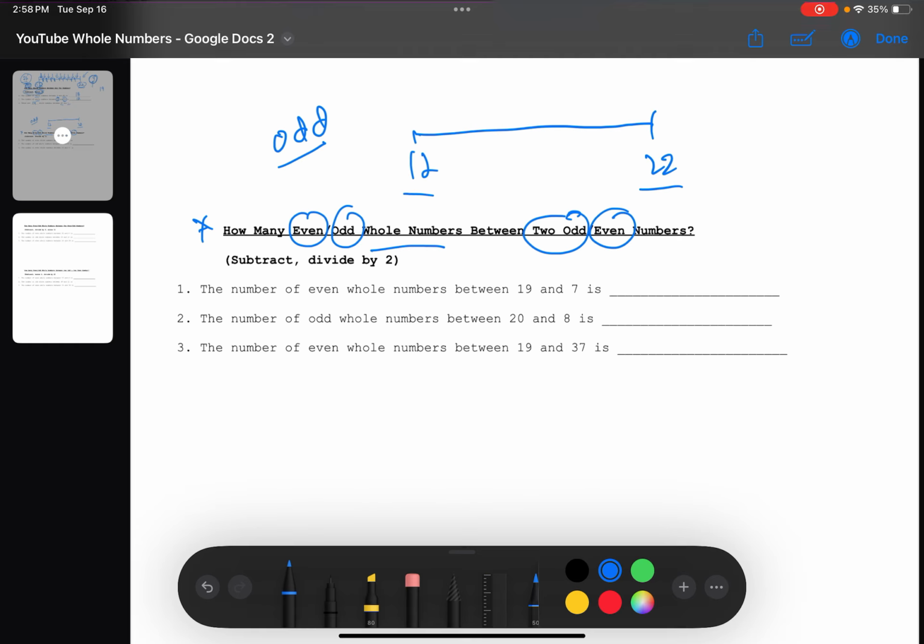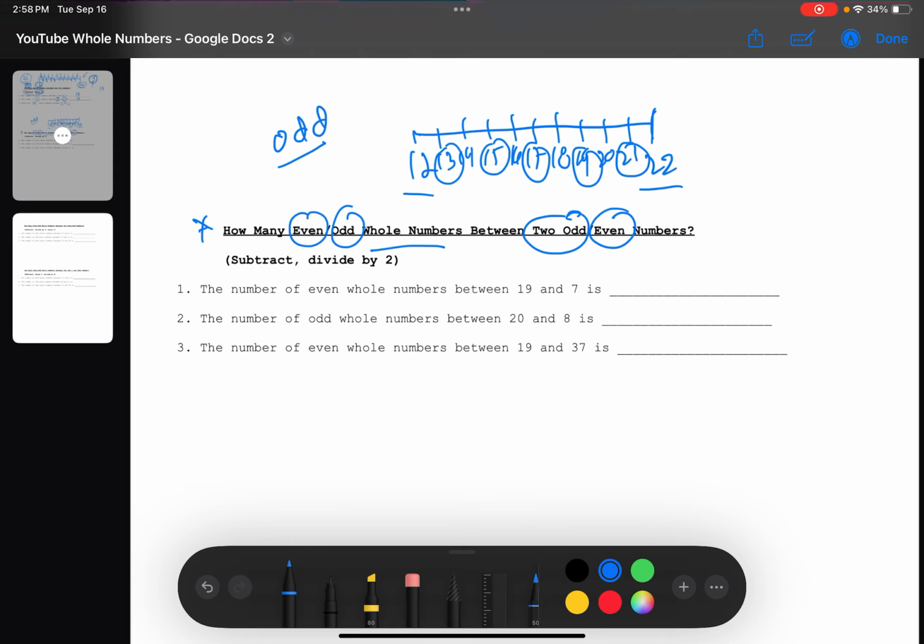Okay, so again, there's 9 tick marks: 13, 14, 15, 16, 17, 18, 19, 20, 21. Now, if you want to know how many odd numbers there are, we can literally just count 13, 15, 17, 19, and 21. So there's 1, 2, 3, 4, 5.